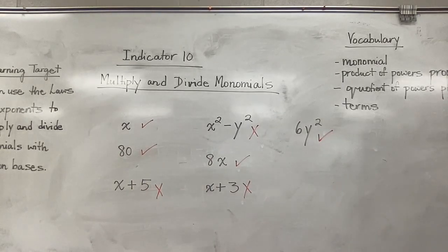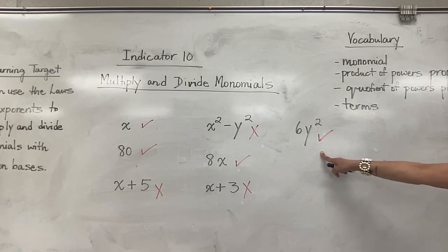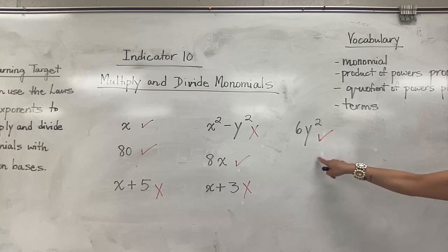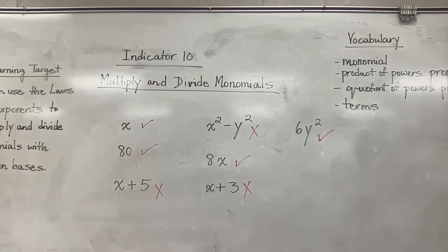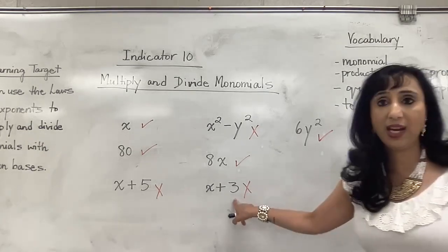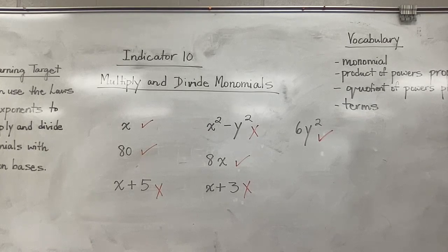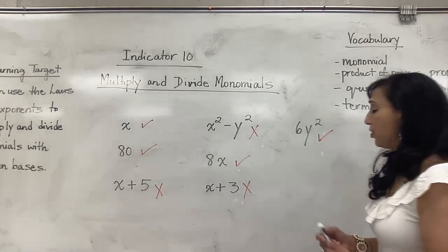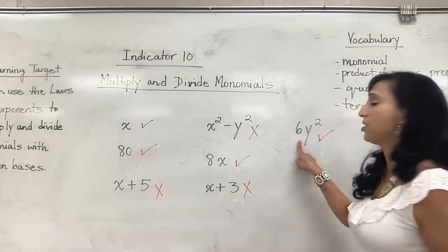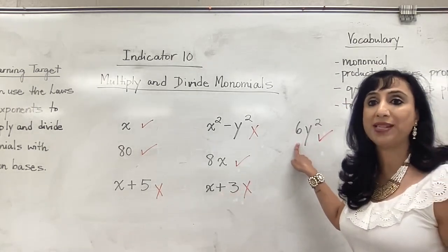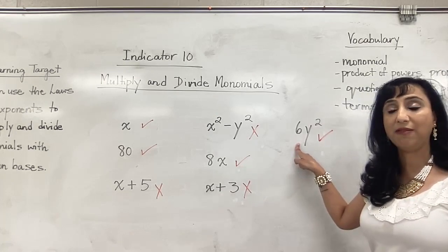Now if I look at 6y squared, it's a monomial since it is a product of 6 and y squared. The expression x plus 3 here is not a monomial because it is a sum of two monomials. So this is a sum, this is a product, and the product of a number and a variable is what makes it a monomial.